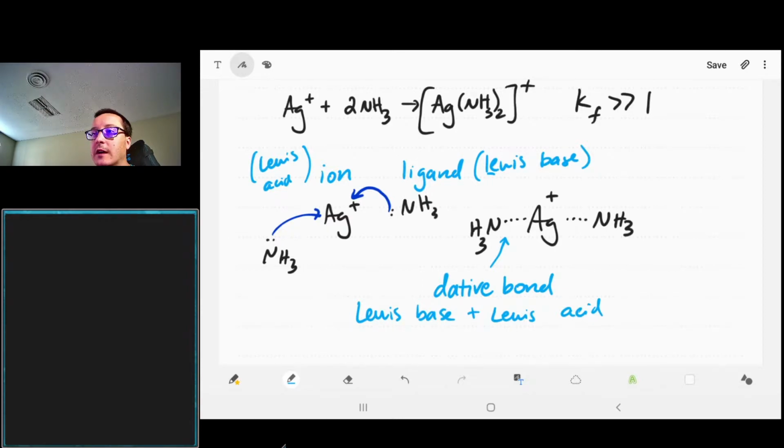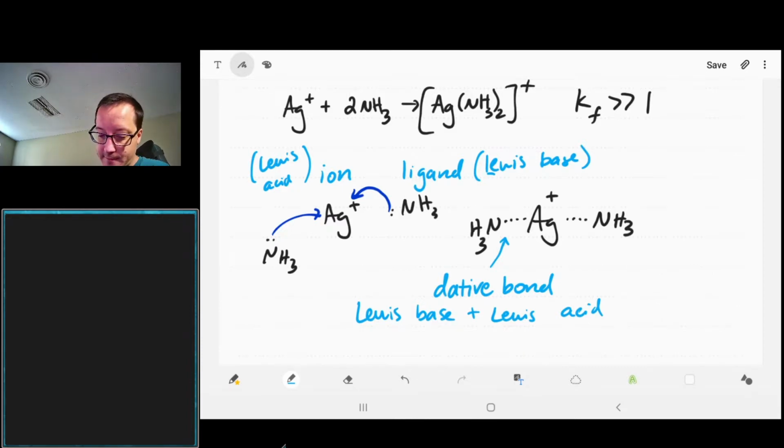So we're going to see these complexes typically form because of these high constants. And we're going to see later on how we can get even better ones to form using our thermodynamics knowledge.